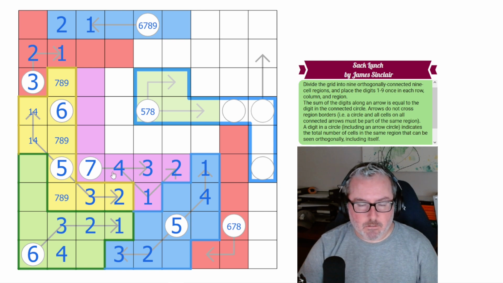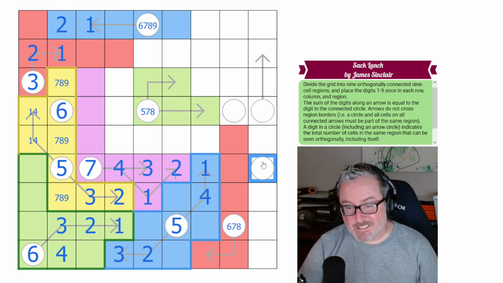Well, purple needs only one more cell. 1, 2, 3, 4, 5, 6, 7, 8. So no matter where we put that cell in any of these, it can't put a cell here because we can't connect them diagonally. It will leave something stranded. So this doesn't actually work. So this is part of a different region. So we'll make it yellow.